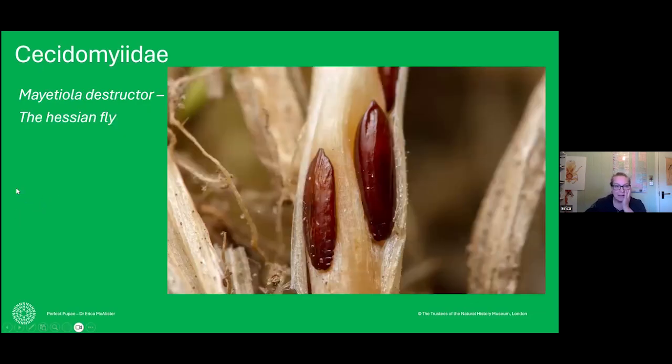Cecidomyiids. Oh, cecidomyiids. Where do we start with a cecidomyiid? 620 species getting up to all sorts of things. Now, the larvae of gall midges use various strategies and adaptations to survive in unfavorable environments. One of them is spinning cocoons during their life cycle. They have these secretory glands, these salivary glands, to create this cocoon.